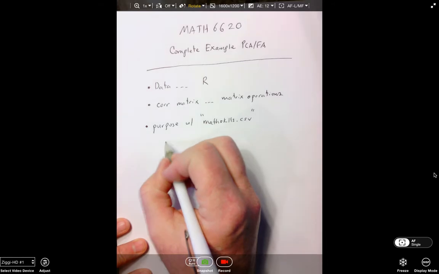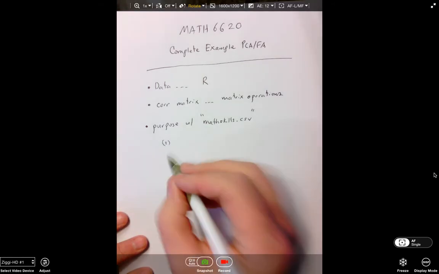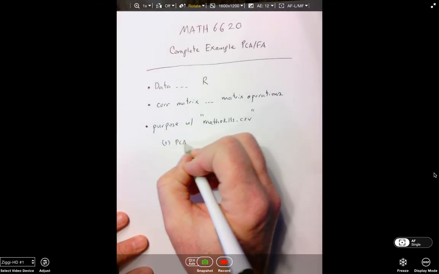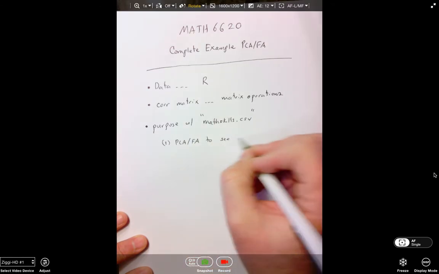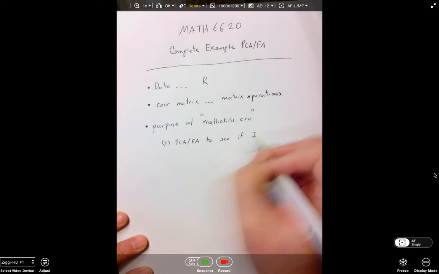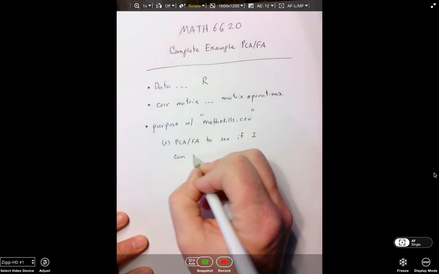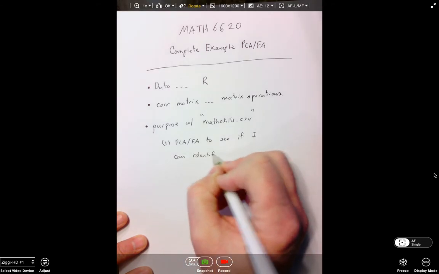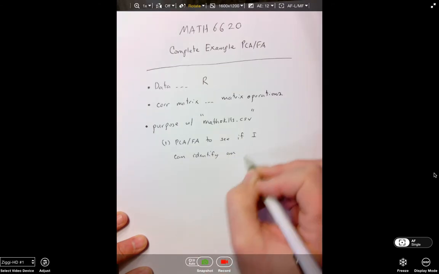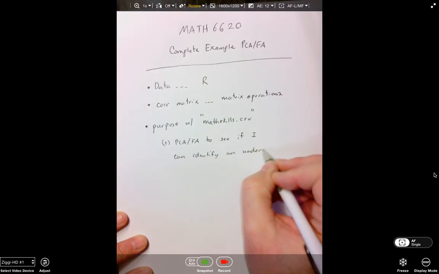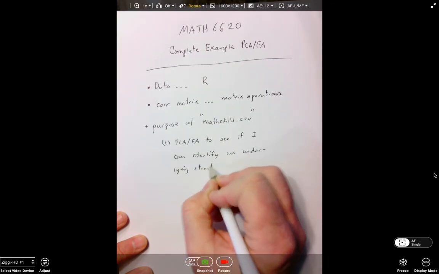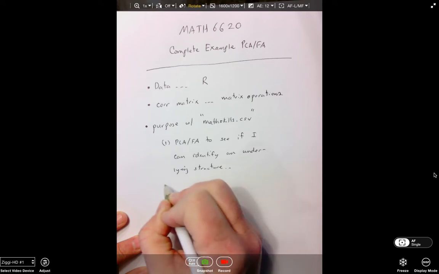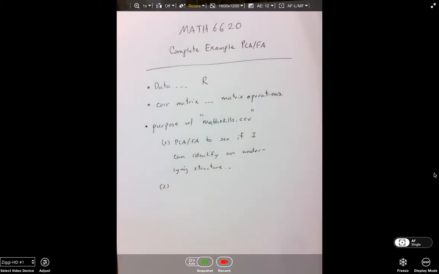So our goal is twofold. I want to use PCA and factor analysis to see if I can identify an underlying structure, you know, that's not just visible with the human eye.